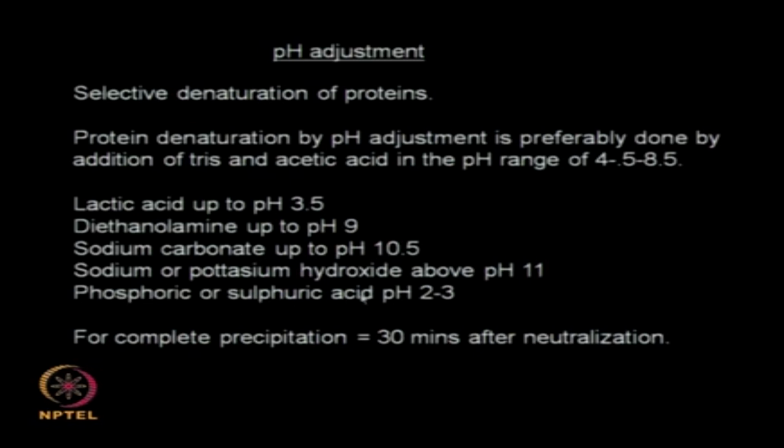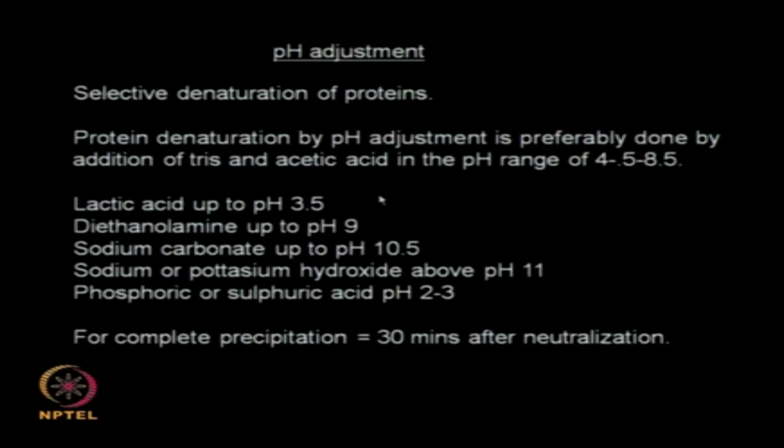We can add phosphoric or sulfuric acid at pH 2 to 3. So you see that if I want to move into acidic range or if I want to move into alkaline range, I can consider all these acids and alkalis depending upon the denaturation and precipitation of the protein, we can select the pH.